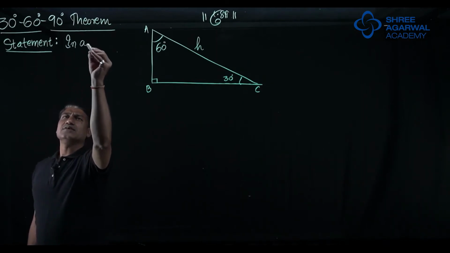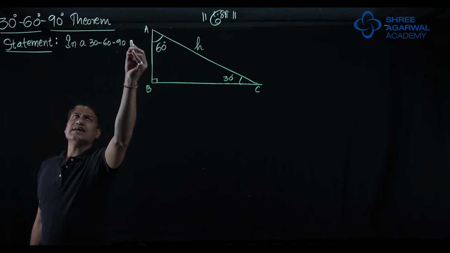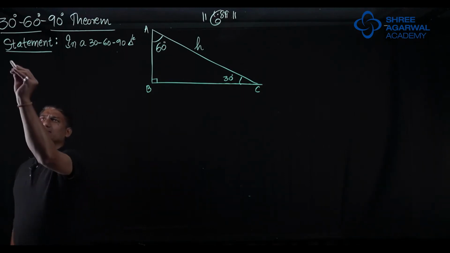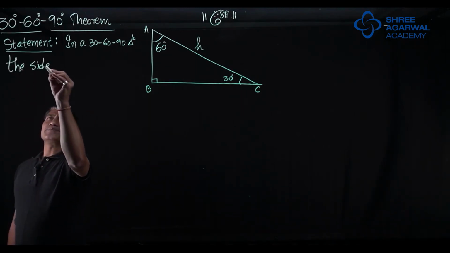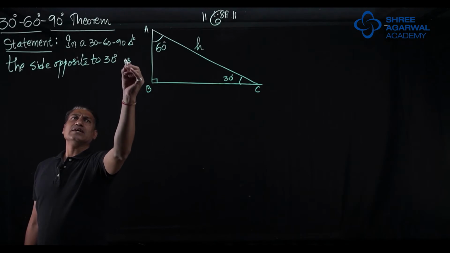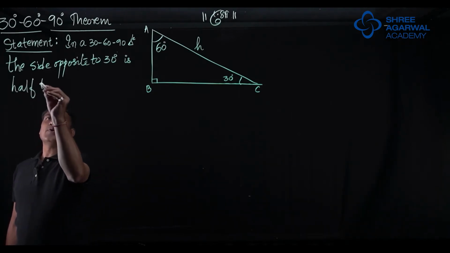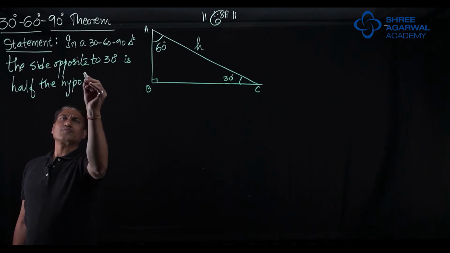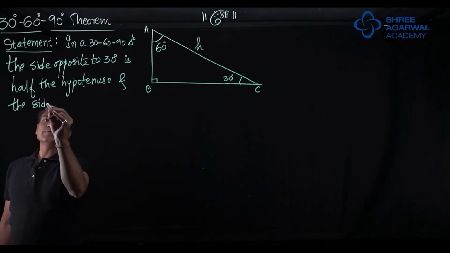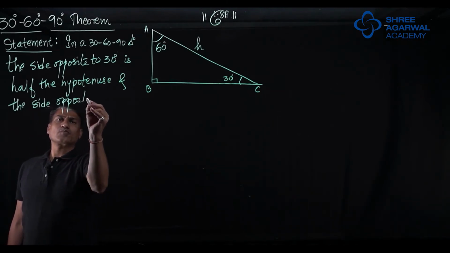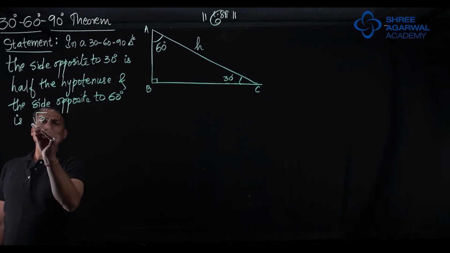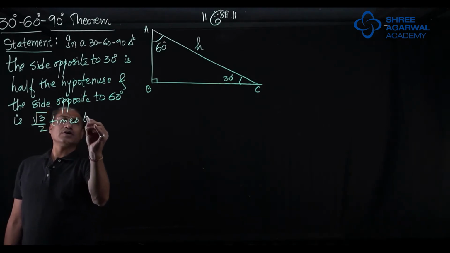In a 30-60-90 triangle, the side opposite to 30 degrees is half the hypotenuse and the side opposite to 60 degrees is root 3 upon 2 times the hypotenuse.